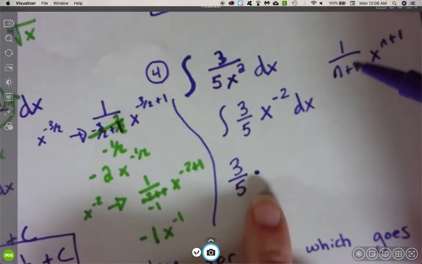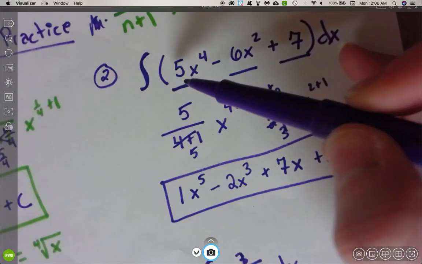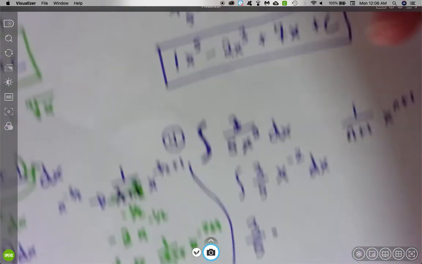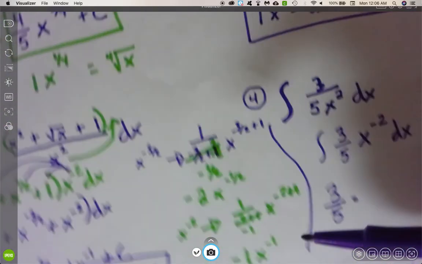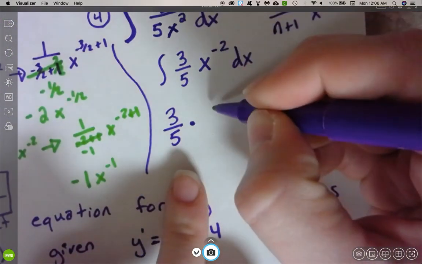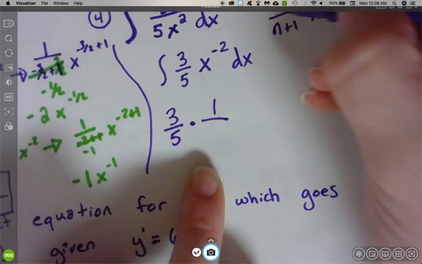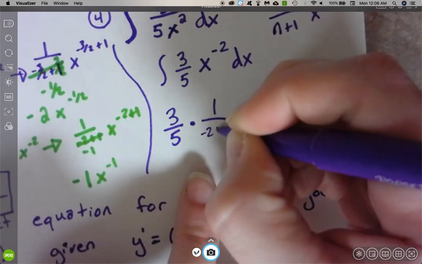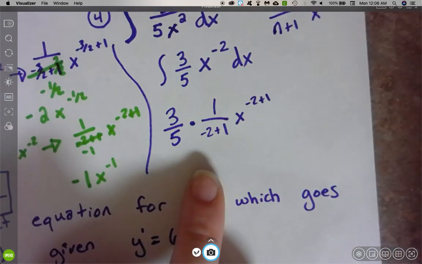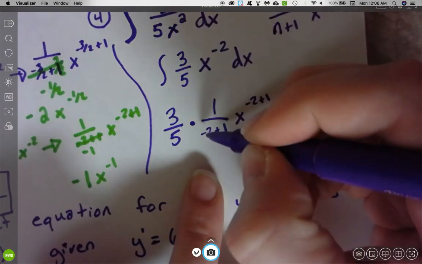Up above, when we had that 5 out in front, I just did the 5 on the top. I'm going to hold off on the 3/5 and wait and multiply it through at the very end. So I have 3/5 times 1 over negative 2 plus 1, x to the negative 2 plus 1, and negative 2 plus 1 is going to be negative 1.